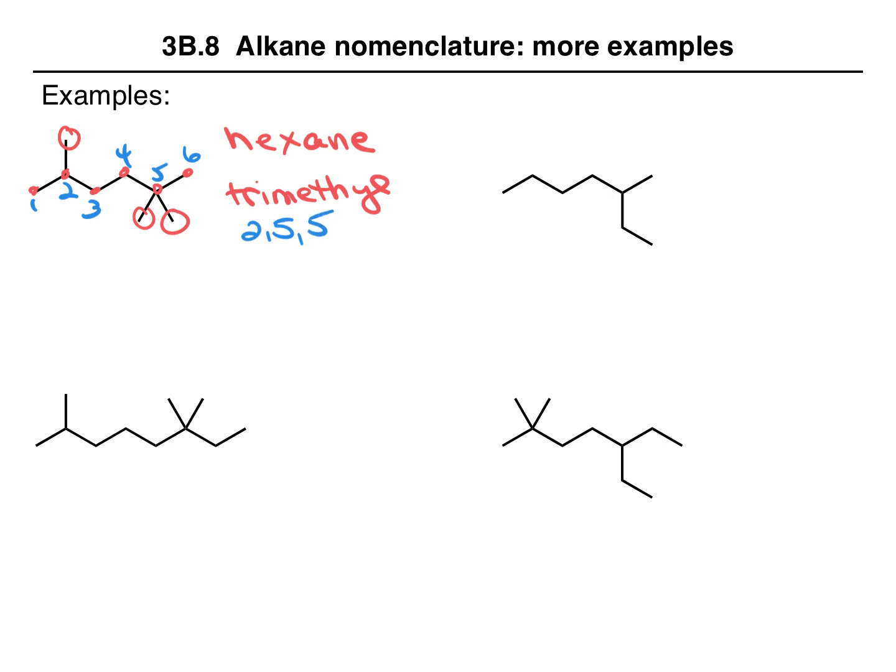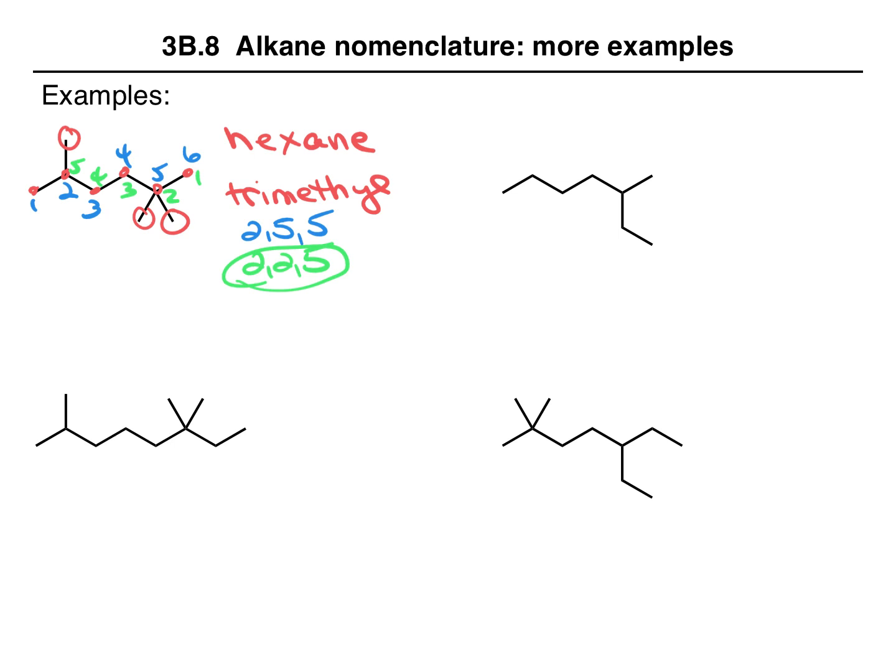Or we could number 1, 2, 3, 4, 5. And that way would give us branches at 2, 2, 5. So the green way gives us the lower numbers. When you're comparing different possibilities, you're looking for the first difference.